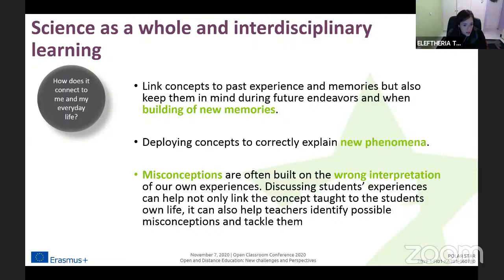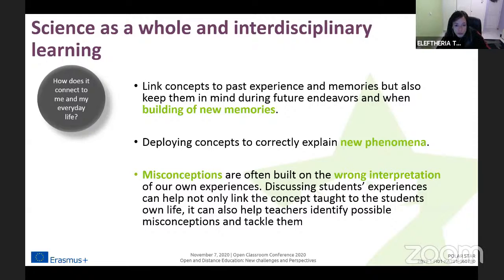If our classes are interesting and if they have emotion, then we build new memories with them. So fun activities with our students, short-term or long-term, bring again the element of emotion and the element of building new memories. And this now is directly related to the concept that we are teaching.